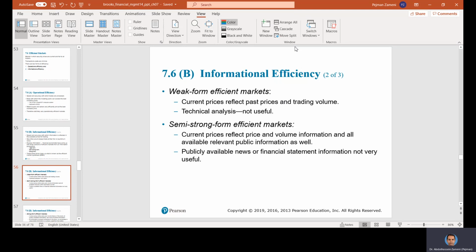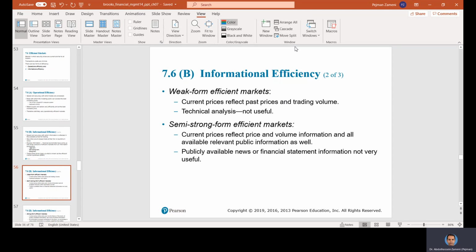Okay. If we are in the semi-strong form efficient market, then by analyzing the publicly available information, we are not supposed to be able to find constant abnormal return. Why? Because we assume that all those publicly available information has been reflected in the price of a share.